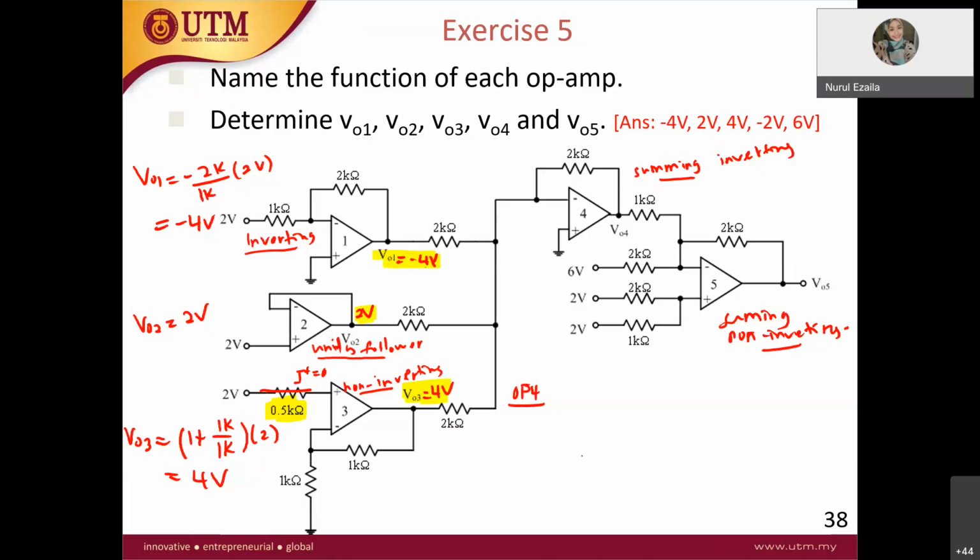Since it is inverting, V out 4 is equal to negative 2K over 2K times negative 4, plus 2 over 2K, plus 4 over 2K. So you get V out 4 as negative 2 volt. So V out 4 is a summing amplifier with 3 inputs: negative 4 volt, 2 volt, and 4 volt.